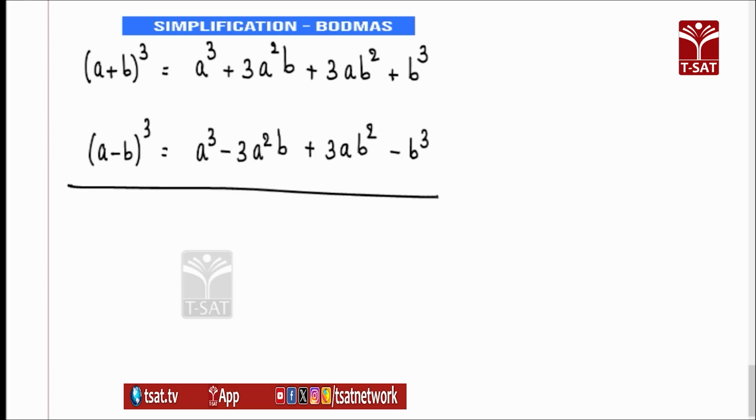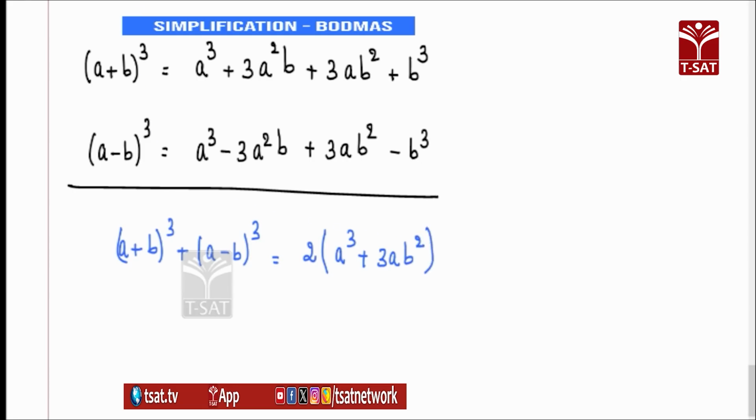If you add both of them, a plus b whole cube plus a minus b whole cube is equal to, so minus and minus cancel, it becomes 2 into a cube plus 3ab square.